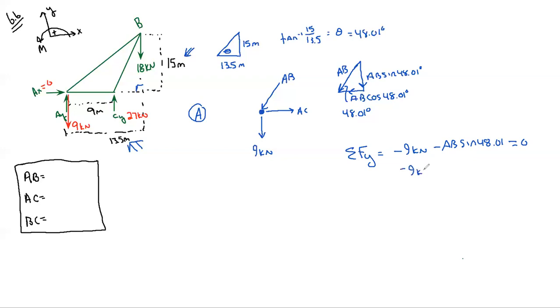So we get -9 kilonewtons is equal to AB sine 48.01. Divide both sides by sine 48.01, and we get that AB is equal to negative 12.1088 kilonewtons. The negative is the indication that I have it in the incorrect direction. So it should have been this way. Okay, that's good to know.